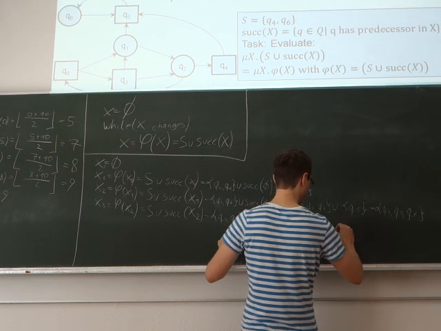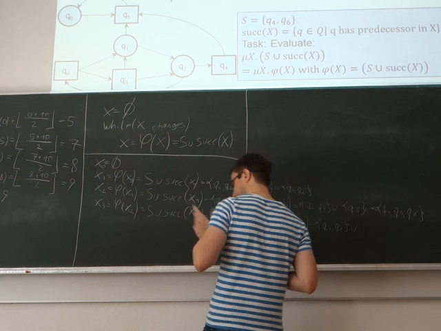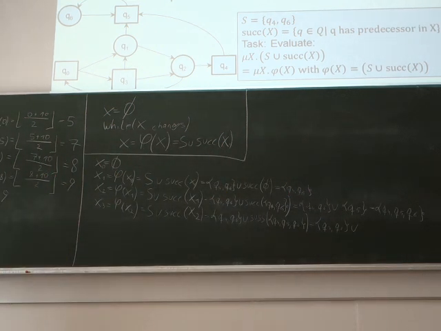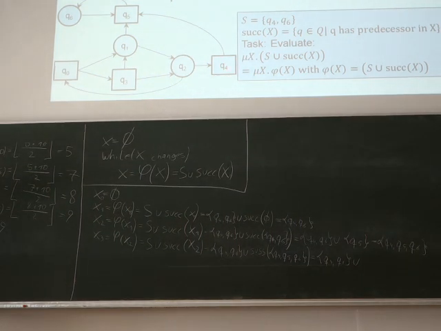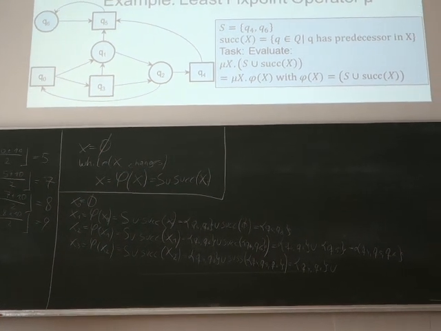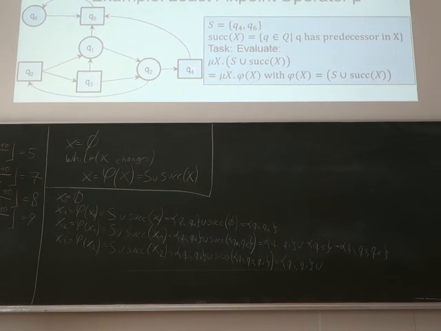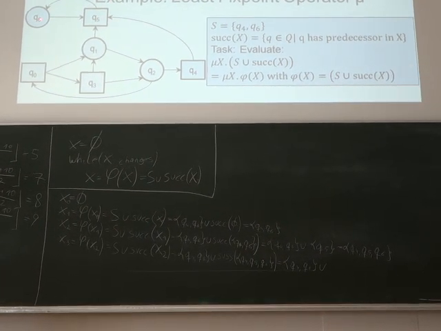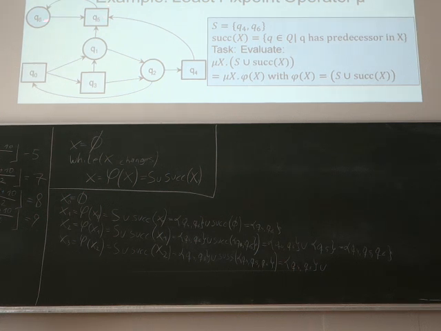Q4, Q6 union. Now the difficult question is again, what is the set of successors of the states 4, 5, or 6? Let's think of it. So 5 is definitely in there because it's a successor of 4. 6 is also in there because it's a successor of 5. 4 is not really in there because it's neither a successor of 4, nor 5, nor 6, so it's only these two.